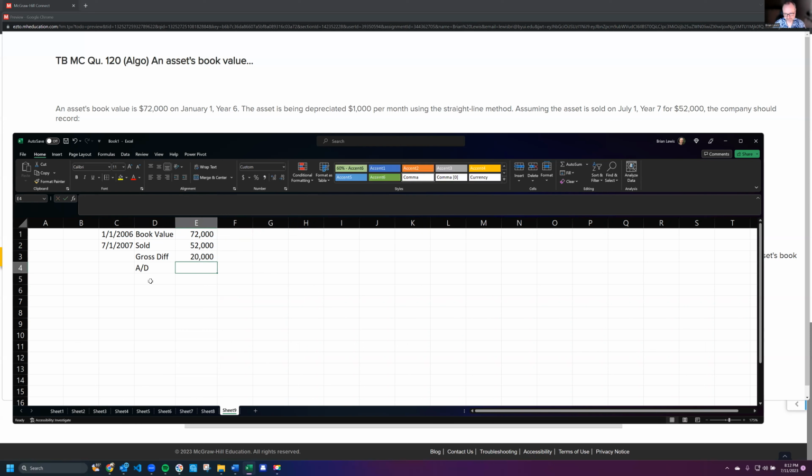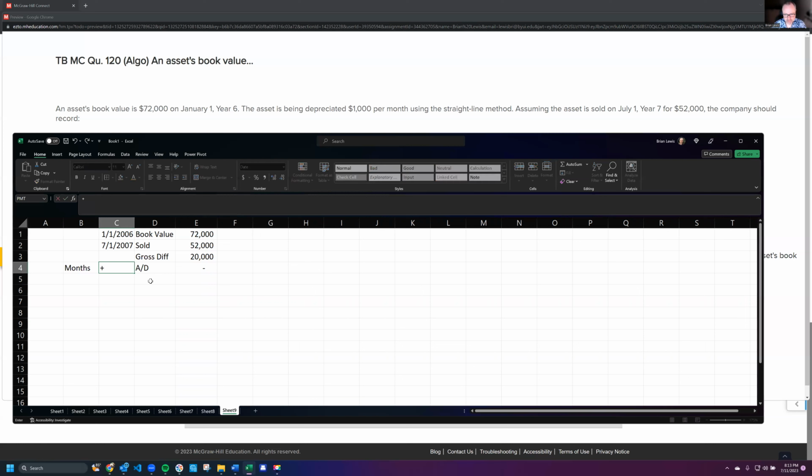Let's put that over here. Accumulated depreciation. Now that's going to be $1,000 times however many months has gone by. So how many months has gone by? That's the big question, right? Now we can do this a couple different ways. Let's just do it the good old-fashioned way by hand.